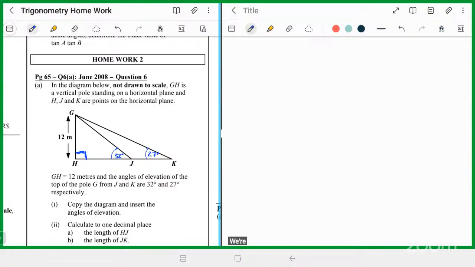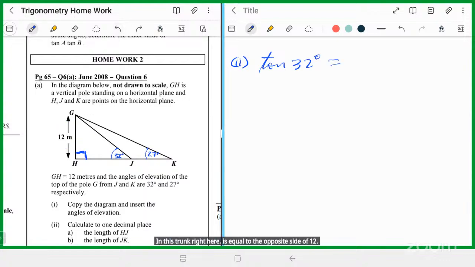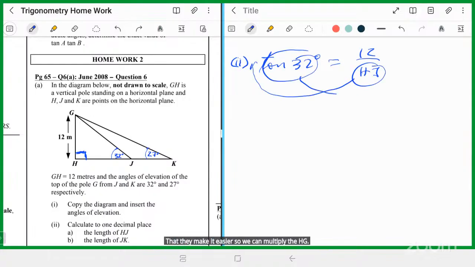We're going to say in part 2 that the tan of 32 degrees in this triangle is equal to the opposite side of 12 over the adjacent side HG. Then to make HG the subject, we multiply HG by tan 32 and divide it under.